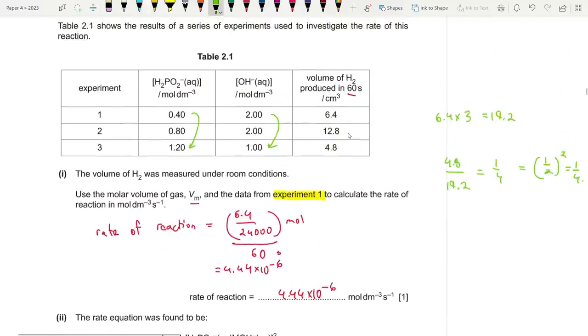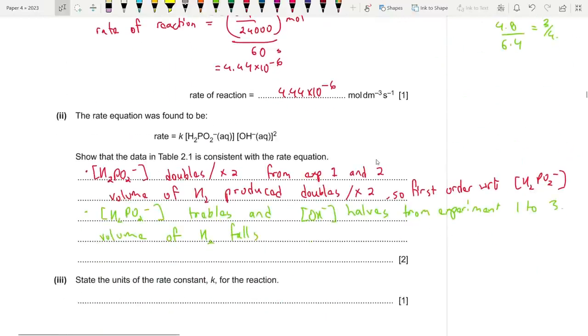To how much exactly? Check the total one, 4.8 by 6.4. That is actually 3/4 of the original. 3 times due to this, and 1/4 due to this one, half square. So it falls to 3/4 of the original.